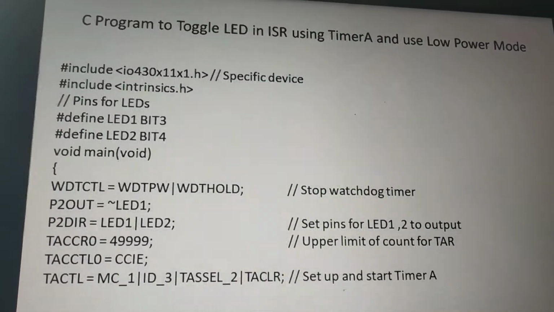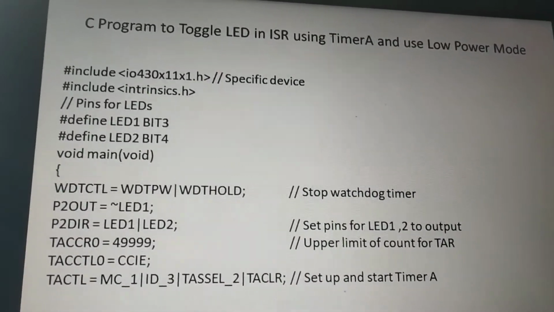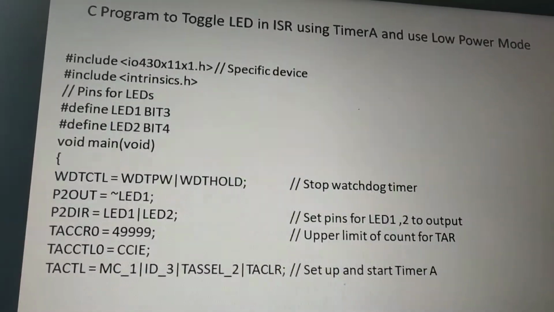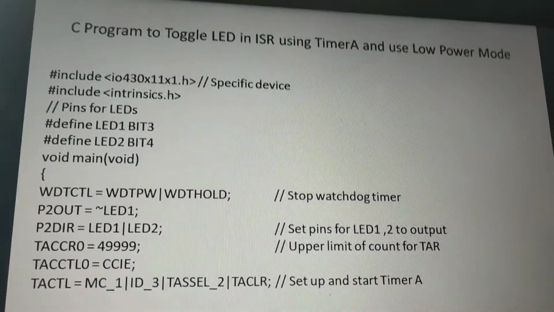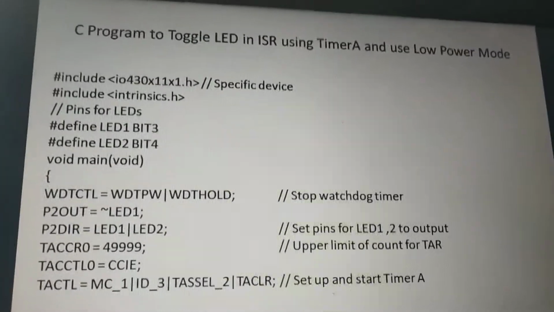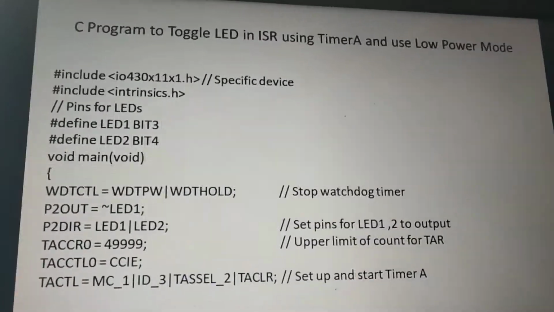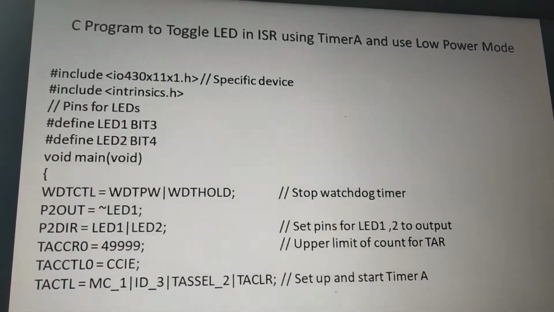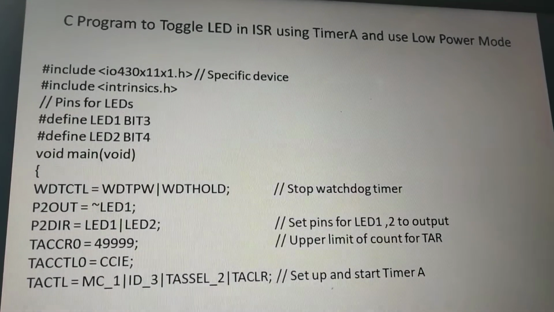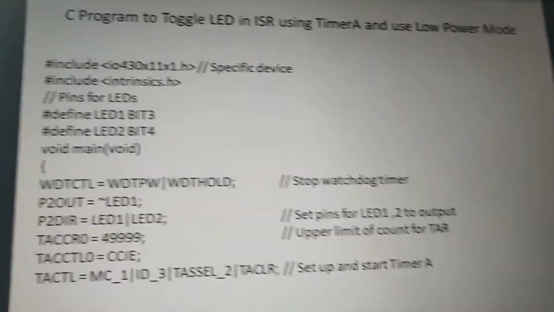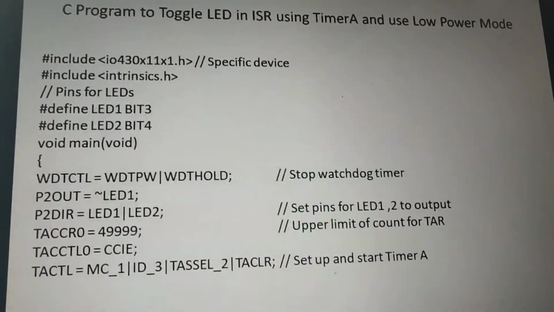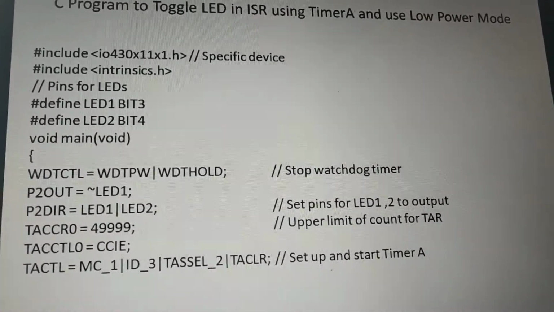So you can use any of the devices, just have to make sure that you include the appropriate header file. Hash include intrinsics.h. I had mentioned in the previous video, whenever you are using interrupts, you should use intrinsics.h as well, because the double underscore enable of interrupts is within the header file intrinsics.h.